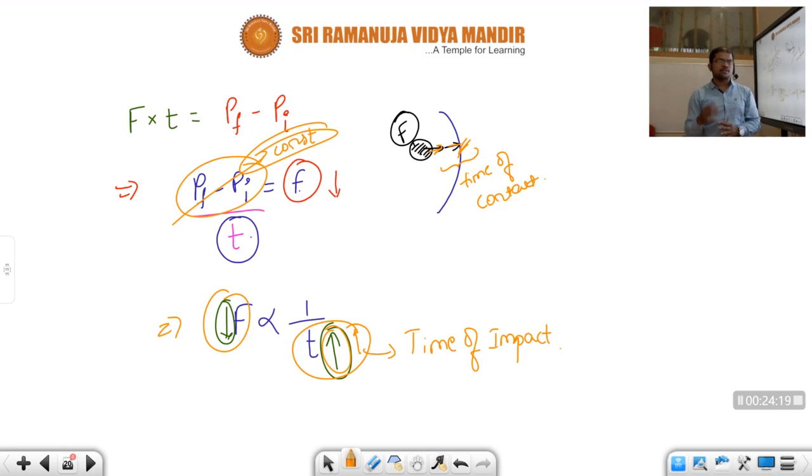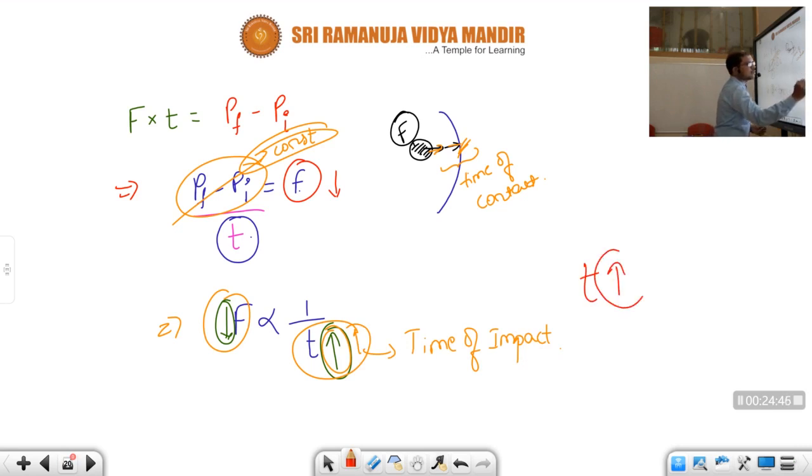While you are playing, your job is to catch that ball. You can't leave that one. But without damage, you need to catch that ball. So if you catch immediately like this, the time of impact, the time at which the ball reaches your palm, is short.